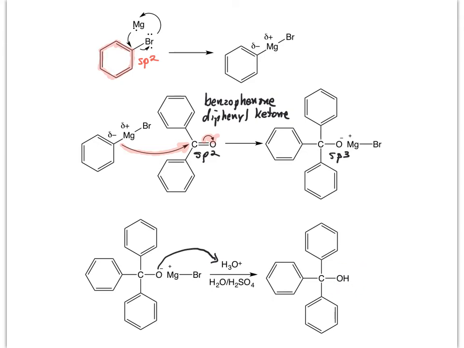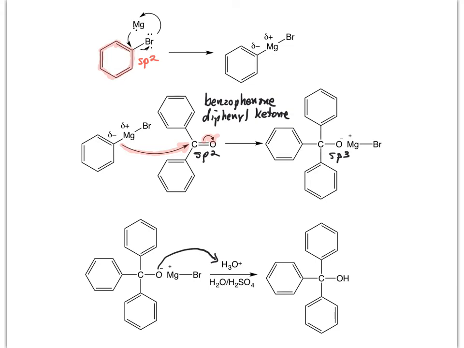It's a very straightforward reaction mechanistically. The challenge is, how do we do all of this and keep it away from water? Because at no time when we have the Grignard reagent can we have any water or anything else protic around.